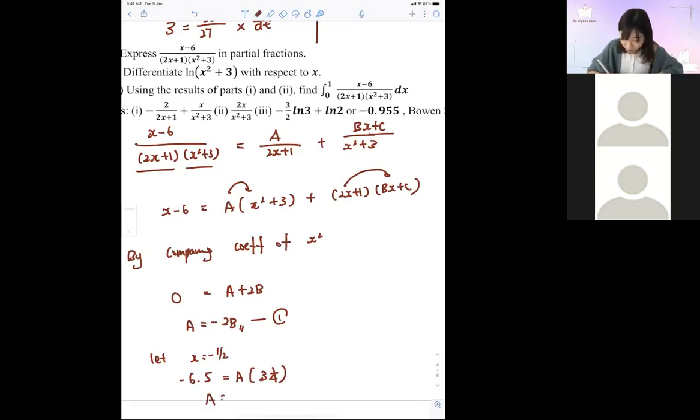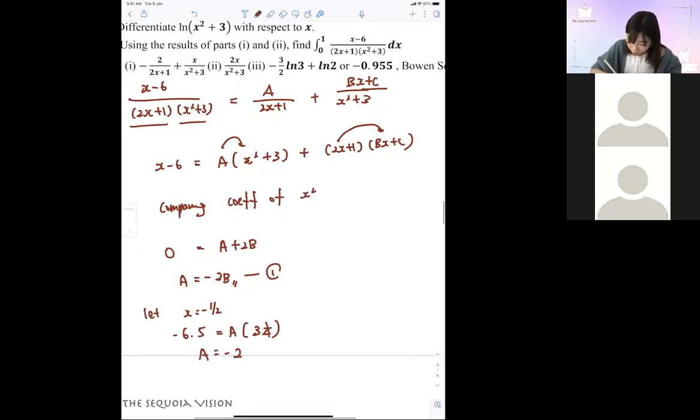We get a equals minus 2. Once we found a, we can find b: minus 2 equals minus 2b, so b is equal to 1.